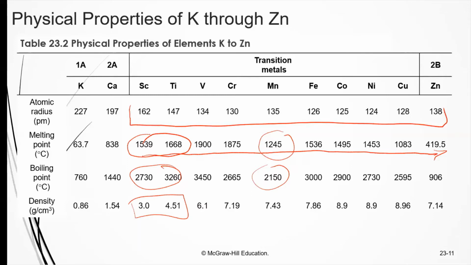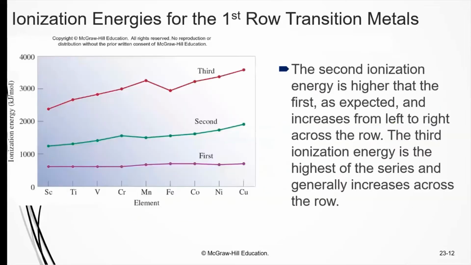So what you can kind of think about is that our transition metals kind of stay relatively the same throughout, but we do get some fluctuation in their physical and their chemical properties. I won't be testing you on their chemical properties and their physical properties, but I do want you to know how their radii trend, and more importantly, how their ionization energies trend.